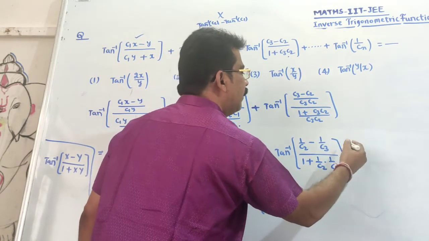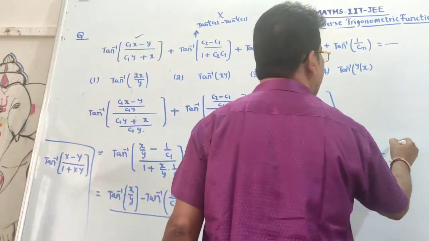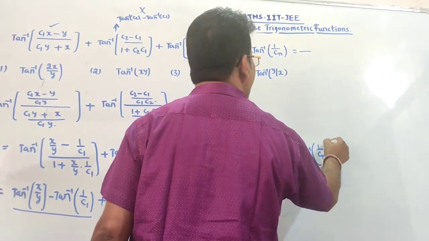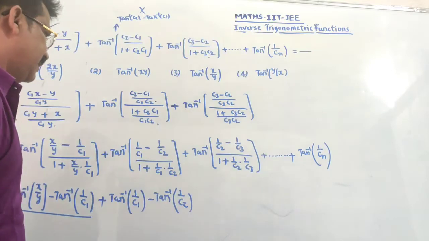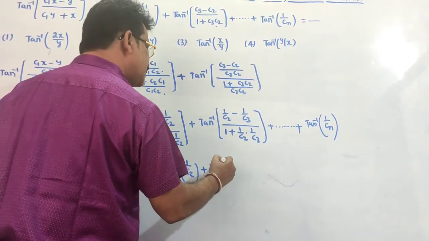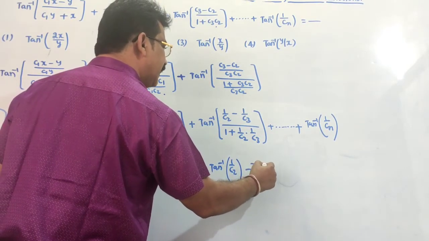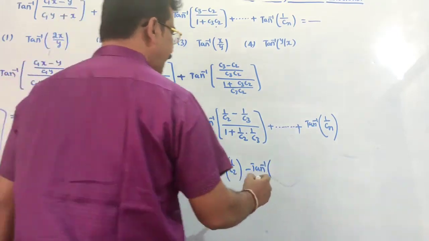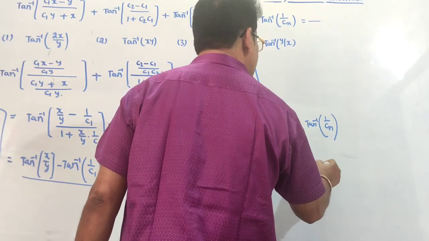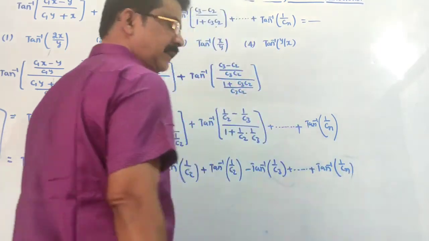So therefore, plus and so on, plus the last term is tan inverse of 1 by Cn. Here this will be tan inverse of 1 by C2 minus tan inverse of 1 by C3, plus and so on, plus tan inverse of 1 by Cn.